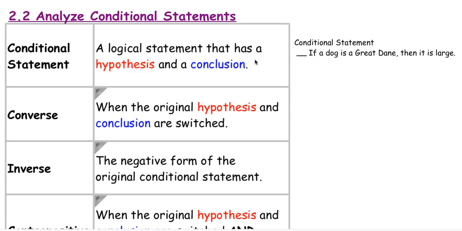So when we do these conditional statements, we now are going to add some variations to the order of the statement and talk about whether or not they're true or false. So always the original statement, we're going to call the conditional statement. And this is just going to be if-then, a logical statement that has a hypothesis and a conclusion.